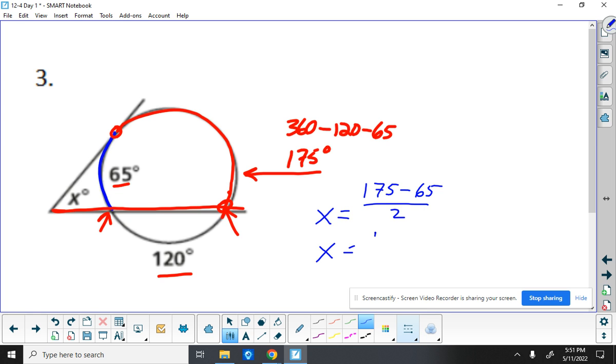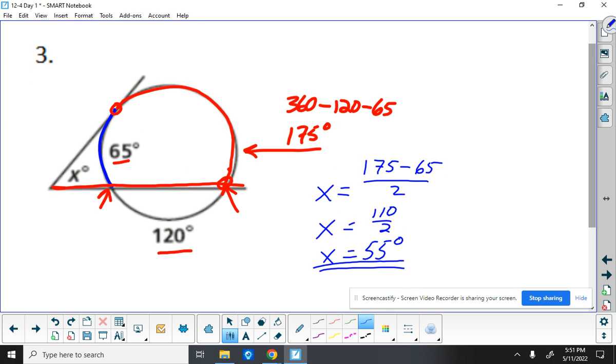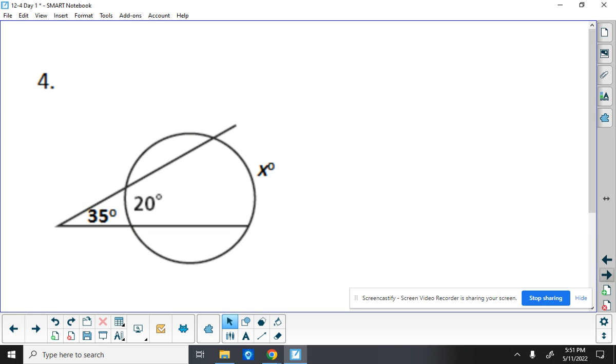Okay, and that's 110, and x equals 55 degrees. Okay, so this one, because it's outside, I'm using differences. On the first two, the vertex where the lines intersected was inside the circle, and so those were ones where I added the two arcs together. And let's look at the next one.